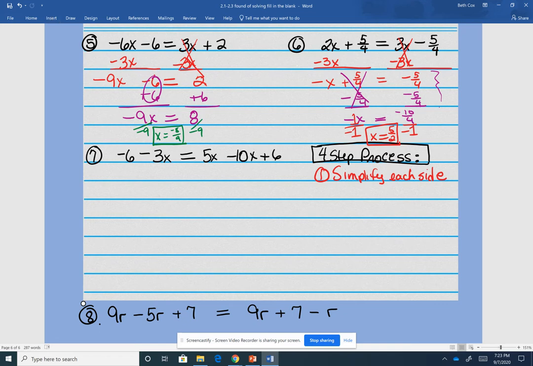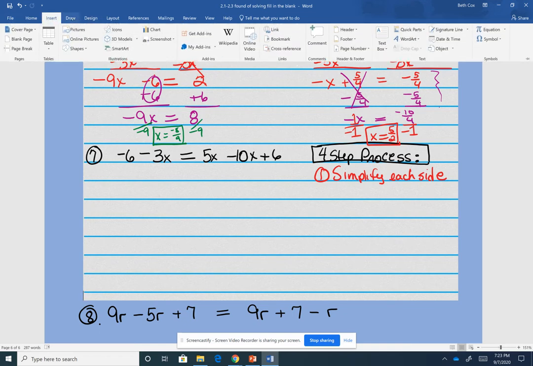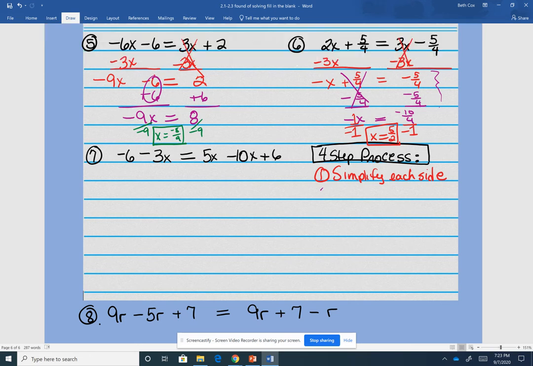So step two, using add or subtract, get the variables on one side.